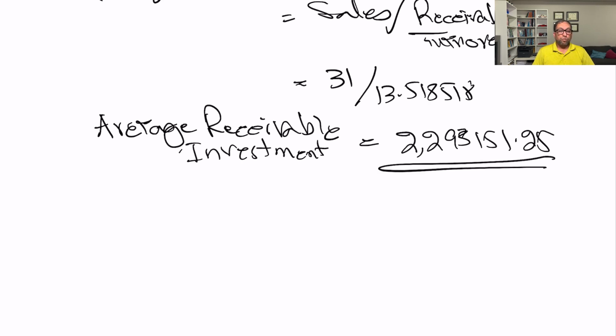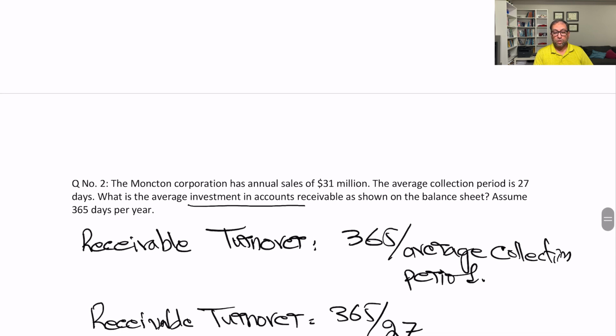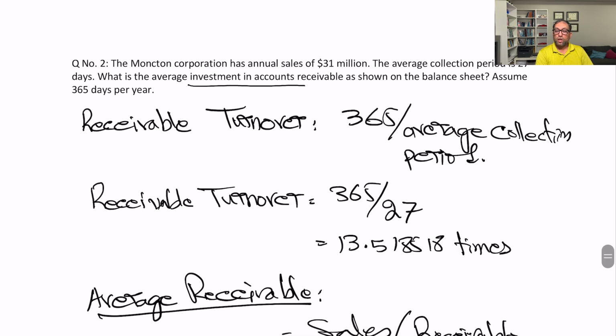This is our average receivable if total sales are 31 million and the average collection period is 27 days, and the year is 365 days. So we can get the average investment in accounts receivable this way.